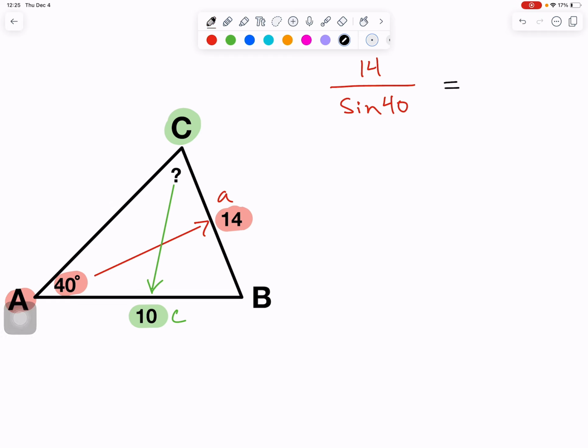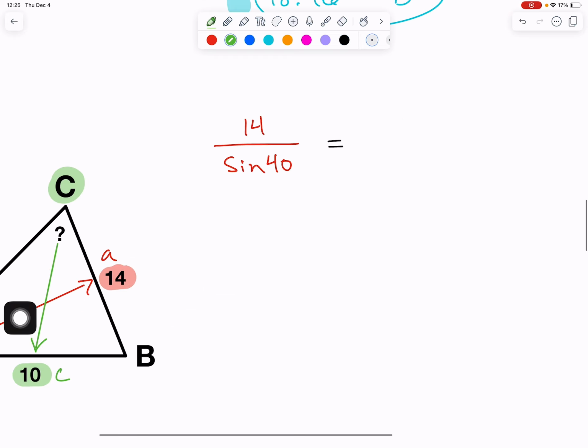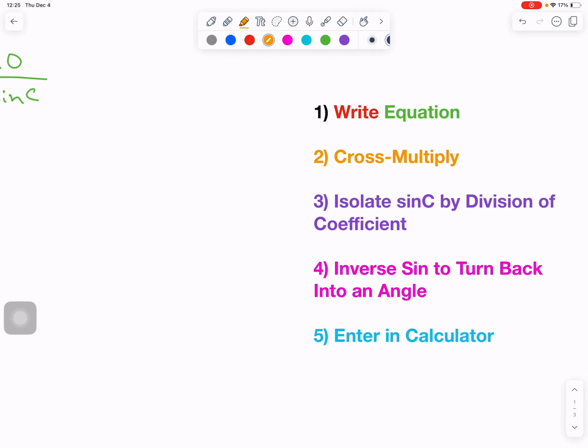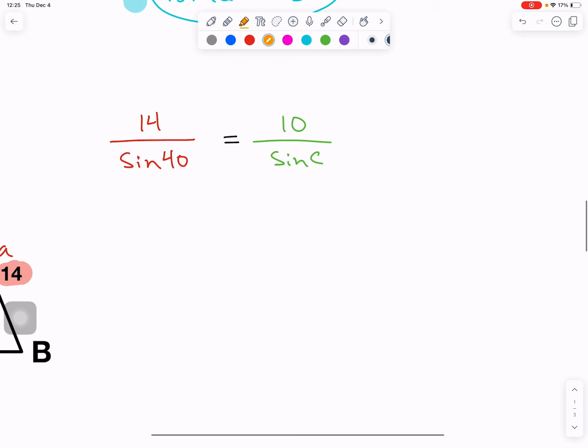Then we will set that equal to the side C, which is 10, over sine C.